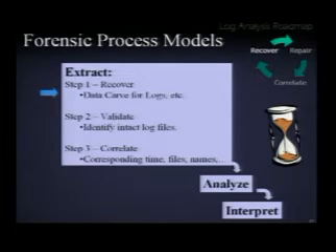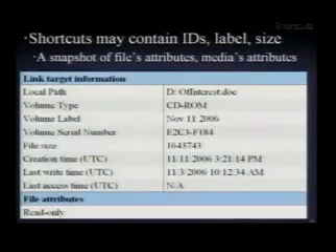So we do so for the shortcut, and what do we get? This is actually just the first section of the shortcut, and it holds some standard pieces of information, including what we saw before, the path to this file. It stores the kind of media it was on, CD-ROM, a volume label that looks like a date, serial number, file size, creation dates, last write date, which are timestamps of those values on the media.